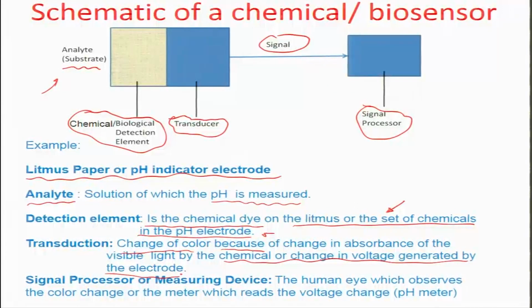visibly sensed by our eye. So, the signal goes to the brain and the brain is able to see whether there is a color change. Or supposing you wanted to record electrically, then there can be some kind of electrode which measures the hydrogen plus concentration in the solution through some kind of equilibrium chemistry, and it transduces in terms of a few electrons being transferred, either released or taken up.